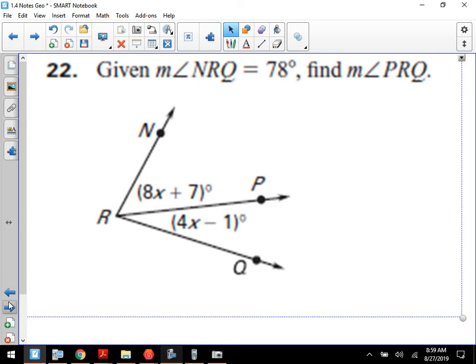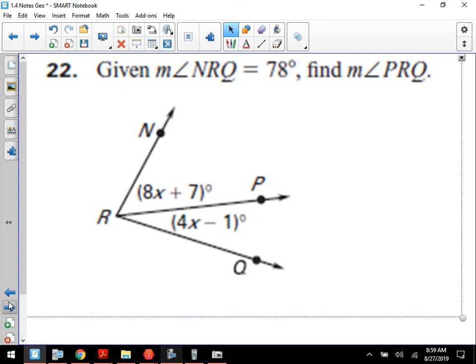So algebraically, when you go into this one, what are those two angles? They have to add up to equal 78 because angle NRQ is the whole thing.